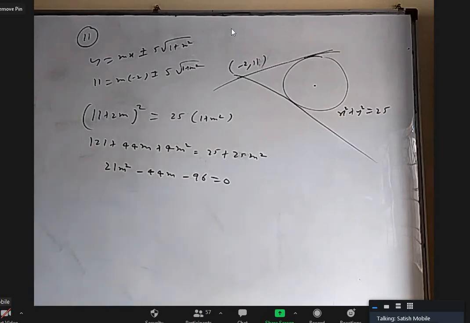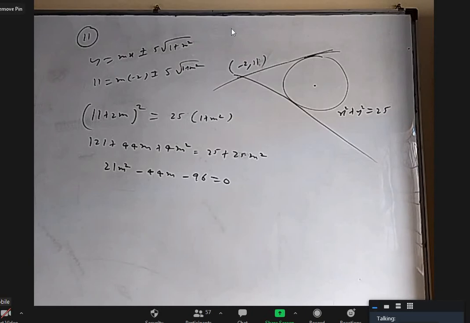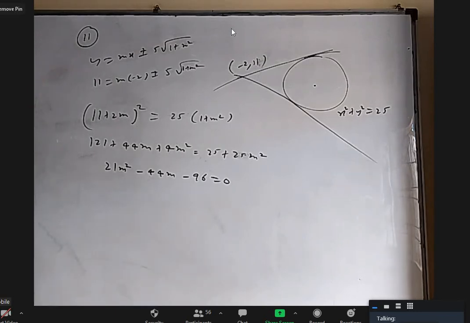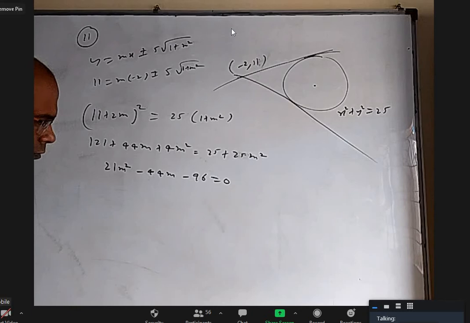Not the chord equation, how to split the middle term, I'm asking. Okay, it's okay. Try to solve. I'll try to do something else.